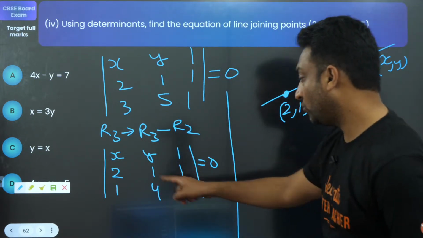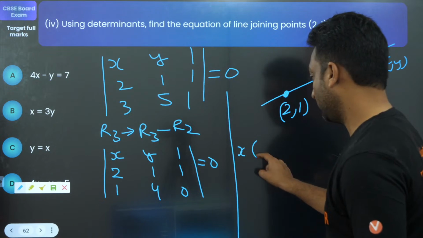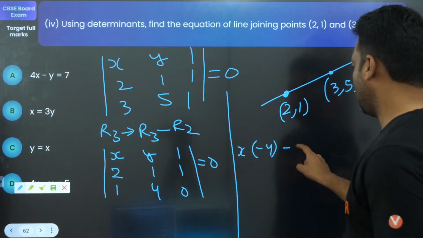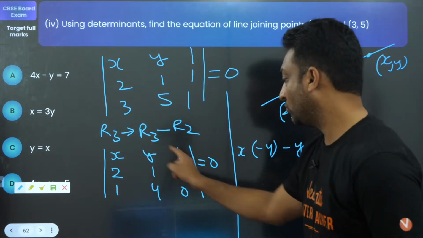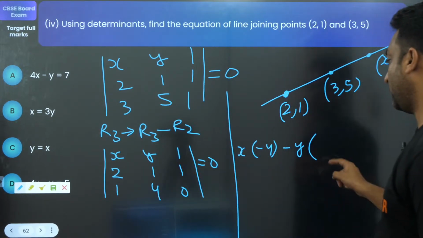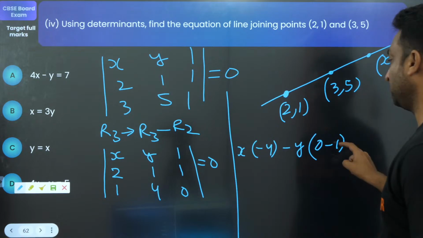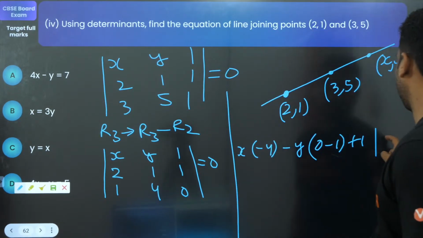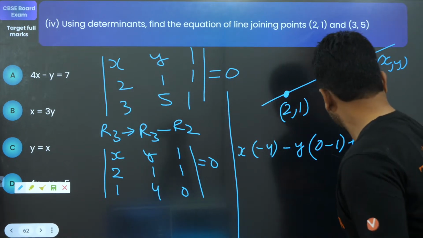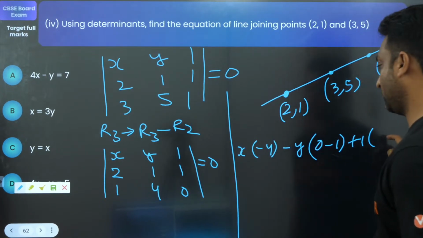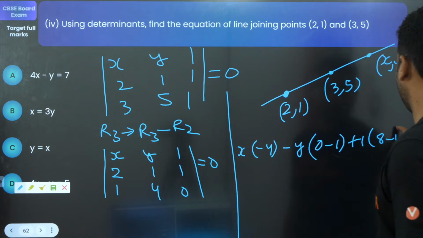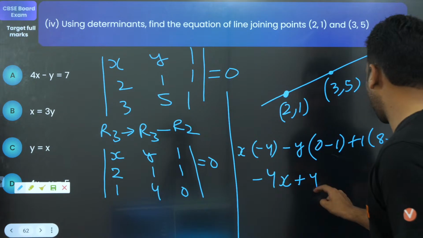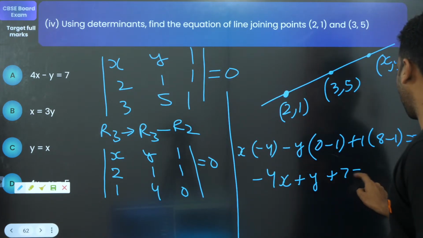X into 0 minus 4, minus y into 0 minus 1, plus 1 into 8 minus 1 must be equal to 0. So minus 4x plus y plus 7 equal to 0.